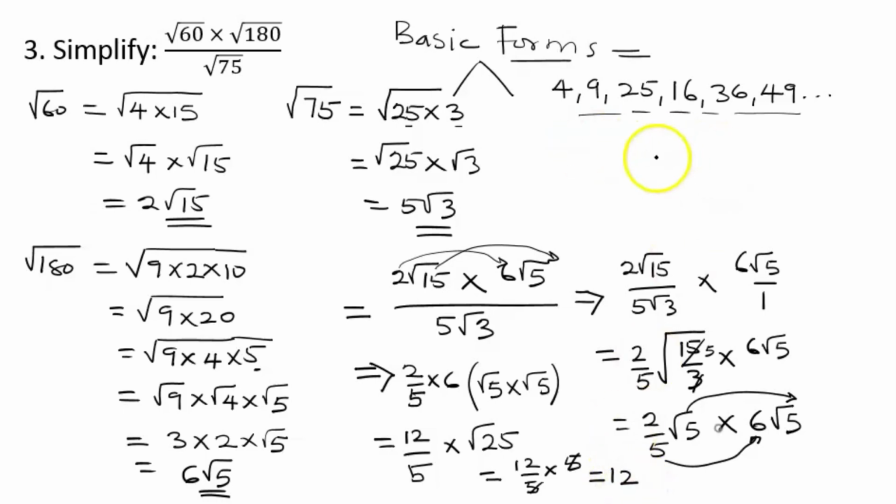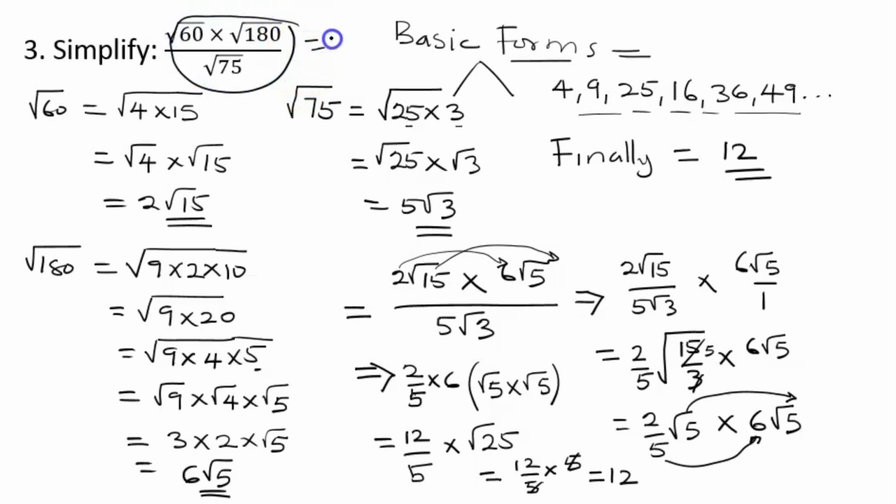So finally, our answer is equal to 12. This whole thing actually ended up equal to 12. You see, when you simplify properly and go in an approach that is not very difficult, there are also other ways you can handle this, but I believe this is a little bit simple for us to do, especially when you are familiar with the laws.